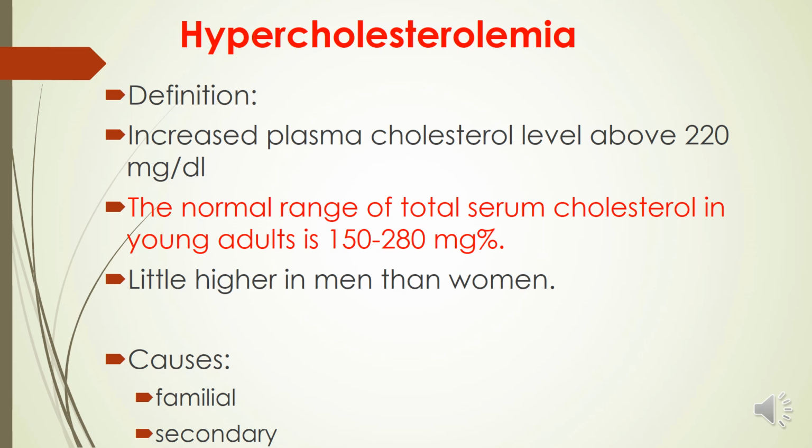An elevated cholesterol level in plasma above 220 milligrams per deciliter is considered hypercholesterolemia, where the normal range lies between 150 to 220 milligrams per deciliter, and hypercholesterolemia, as we said, results from dysregulation of the mechanisms of cholesterol synthesis. This disorder may be familial or secondary to a primary disorder.